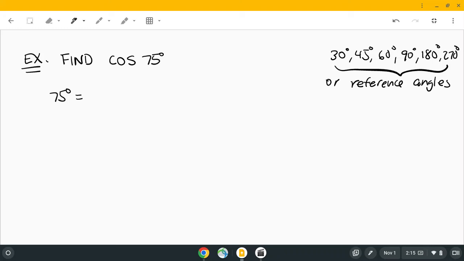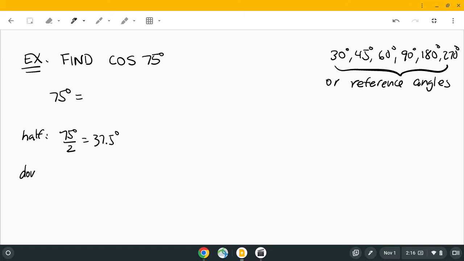If I take half, so 75 divided by 2, we're going to get something that we never memorized. So we get 37.5, I think that is. We didn't memorize that, right?